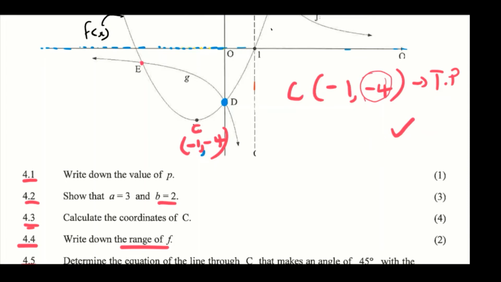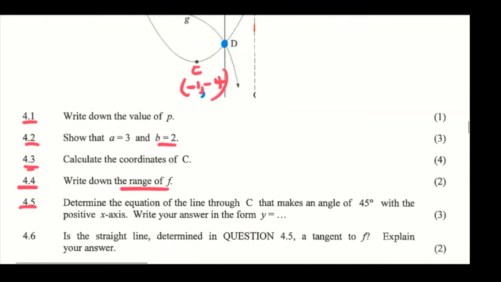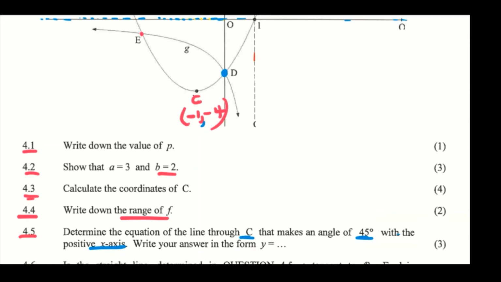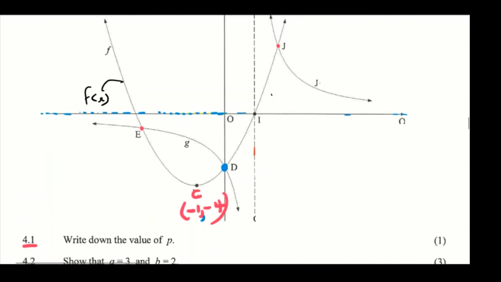We are told that I must determine the equation of the line through C that creates an angle of 45 degrees with the x-axis. So what it means is we're having this line that passes through C, right? It goes something like this. This line creates 45 degrees here, and it passes through this point C.